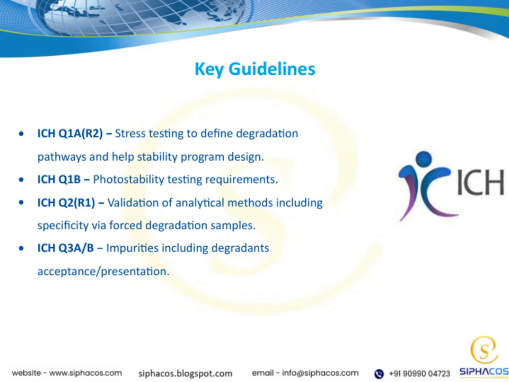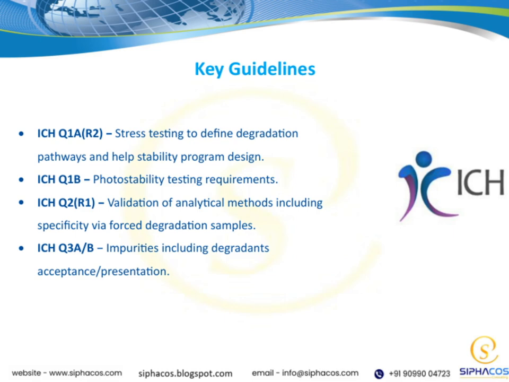Next, ICH Q2(R1) focuses on the validation of analytical methods. A key aspect here is establishing specificity, often through forced degradation studies, so we can be confident our methods accurately distinguish the active ingredients from any degradation products. Lastly, ICH Q3A and Q3B address impurities, including degradants.